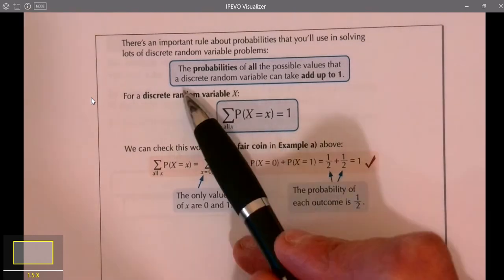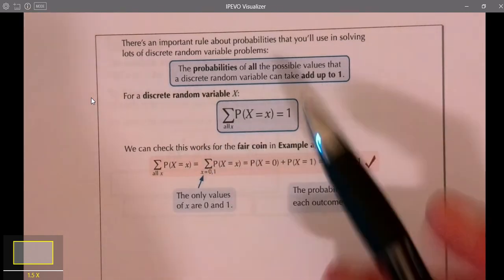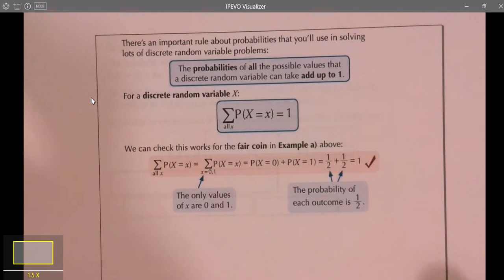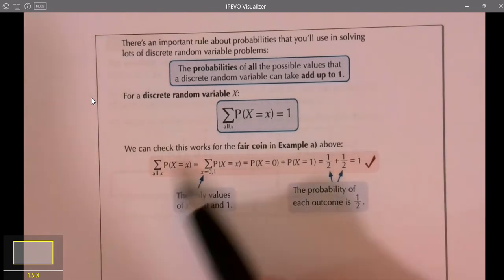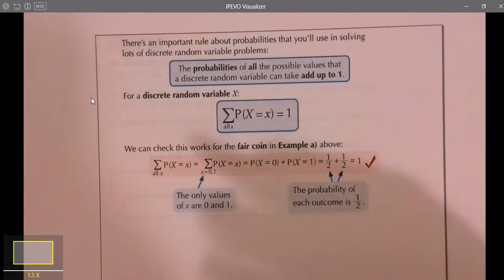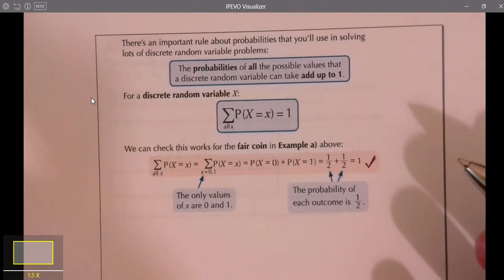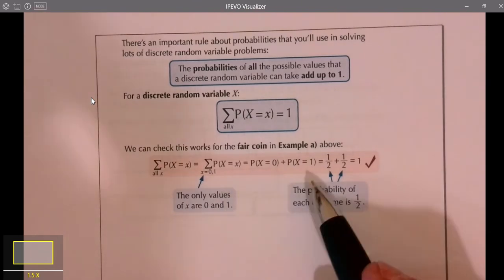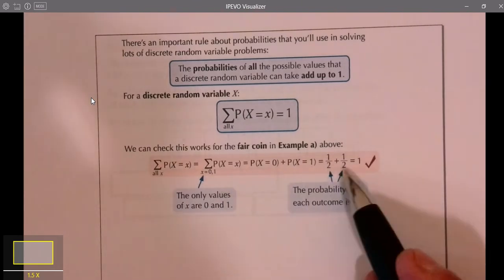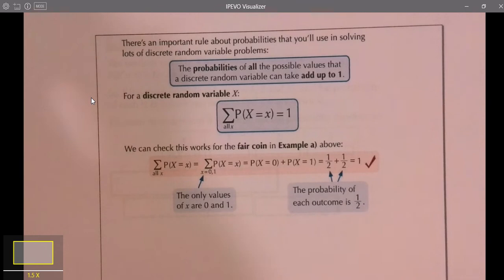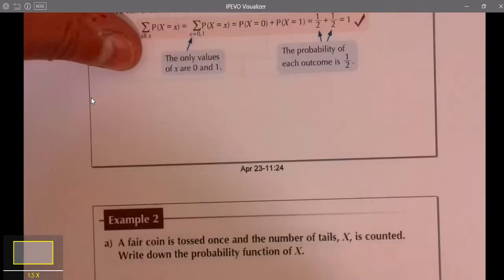It sounds and looks a little bit more complicated, but if you look at this example about throwing a fair coin, the two outcomes are heads and tails. I think this was talking about the number of heads that you were going to get in one throw. Well, it's either going to be 0 or 1, so a half plus a half has got to be equal to 1. So again, let's have a look at a couple of examples.